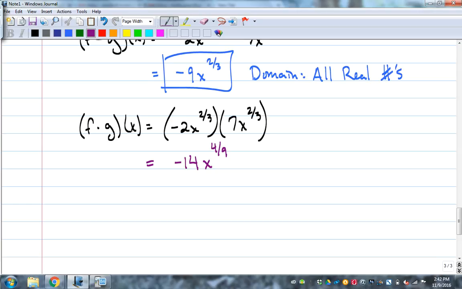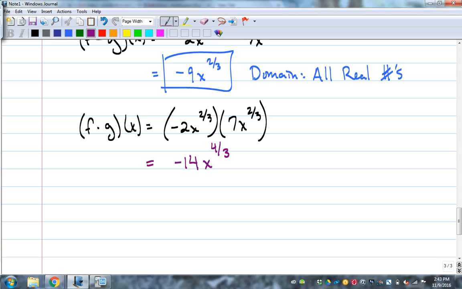Are we sure? I'm multiplying, and those are exponents. 4/3. Because the rule is when you multiply, you do what with exponents? You add them. So that's 4/3, not 4/9.